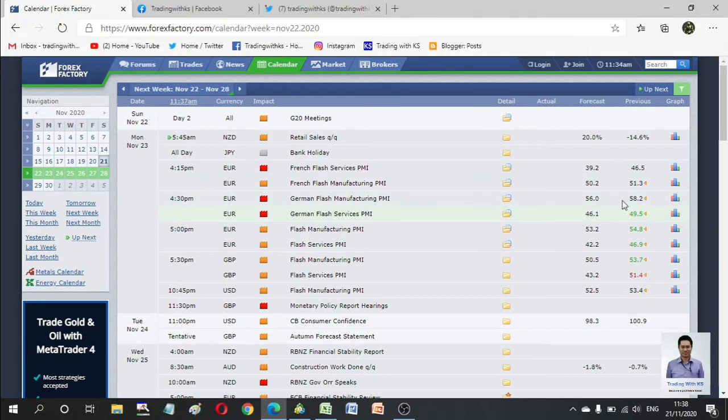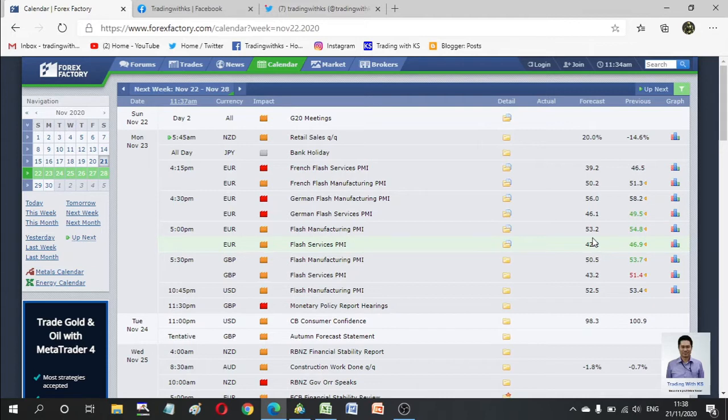German manufacturing index they expect to be lower, and the German services index is expected to be lower. So the whole indexes, manufacturing and services, are expected to be lower. They are forecasting a slower economy in the Euro area.